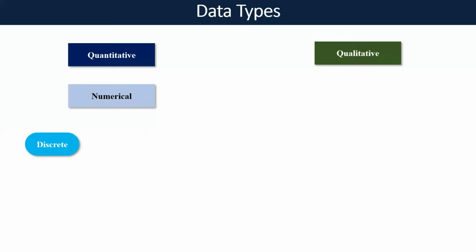Under this numerical, we have different types of it. We have discrete, we have continuous, and we also have scale. When we talk about discrete, it is a type of numeric data type that comes with a specific value.